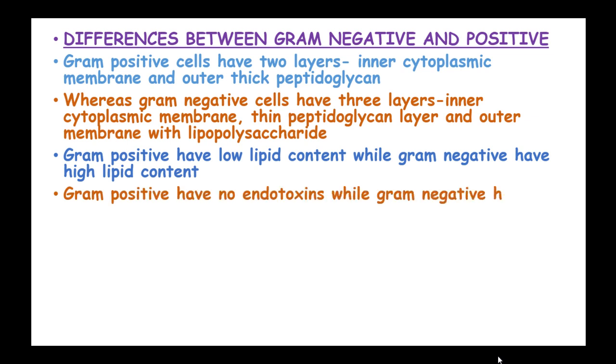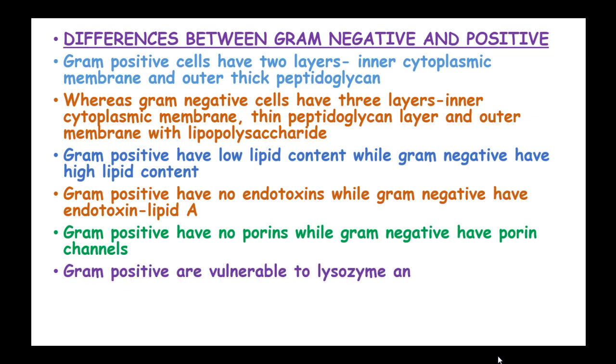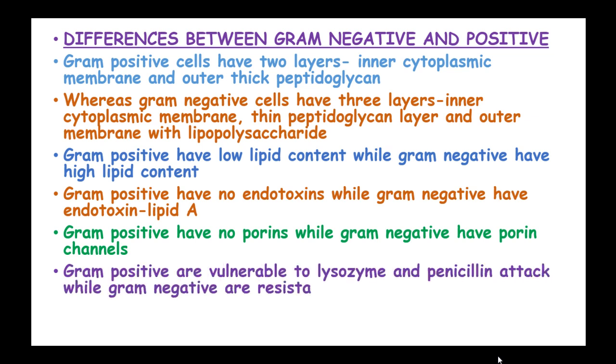Gram-positives have no endotoxins, while gram-negatives have lipid A, which is an endotoxin. Gram-positives have no porins, while gram-negatives have a porin channel. And gram-positives are vulnerable to lysozyme and penicillin attack, while gram-negatives are resistant to lysozyme and penicillin attacks.